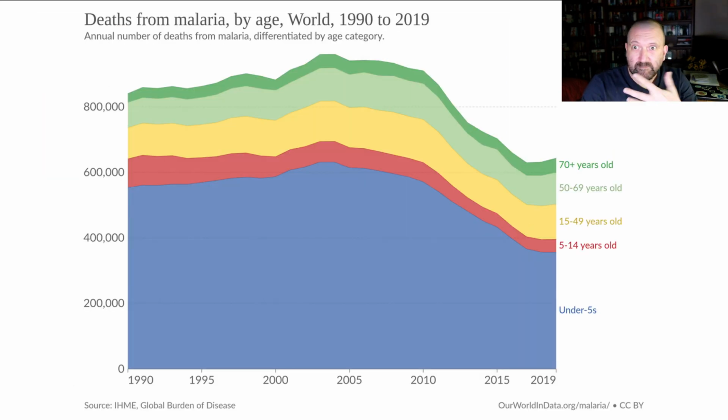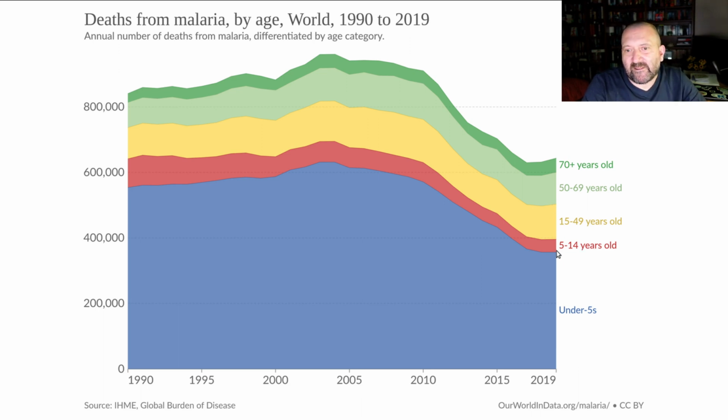Likewise, as I was saying, malaria has very different impacts based on age. If you look at this data on the deaths from malaria up to 2019, you can see that things are getting a little better, but deaths are still overwhelmingly happening within people that are under 5 years old.